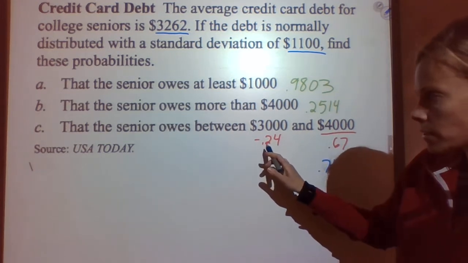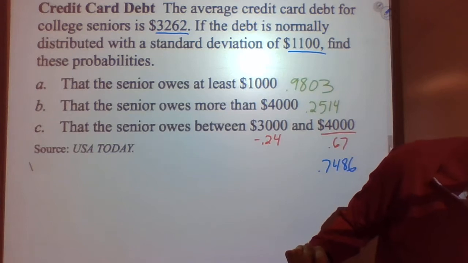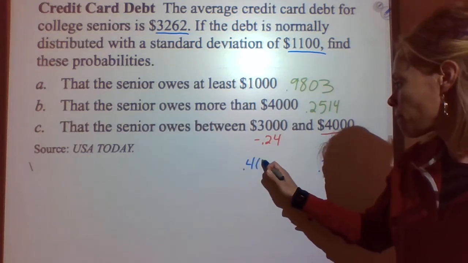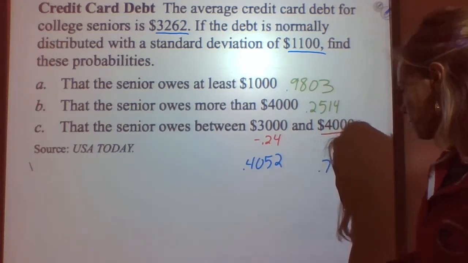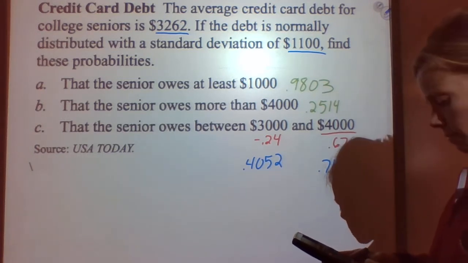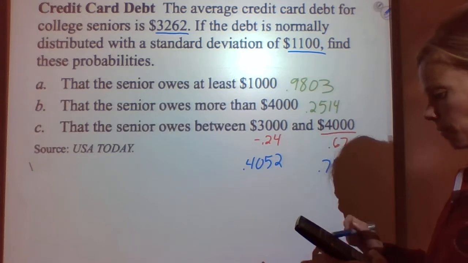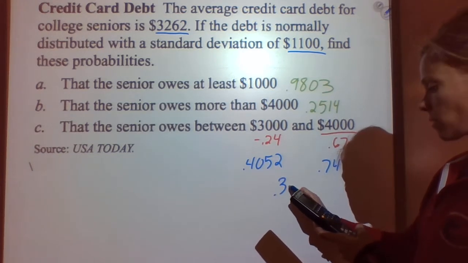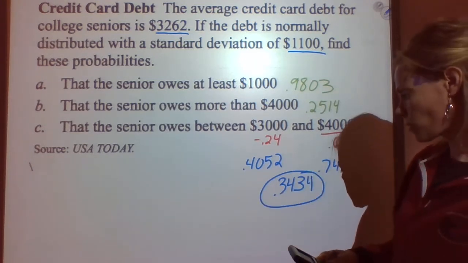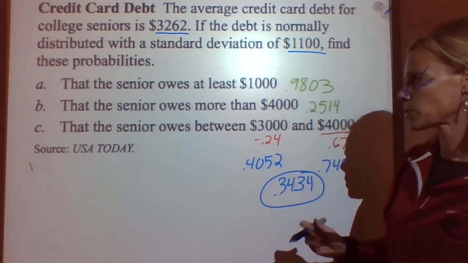I look up the smaller z-score, negative 0.24, 0.4052, and then I subtract them. So 0.7486 minus 0.4052, and I get, whoops, 34, a little over 34%.